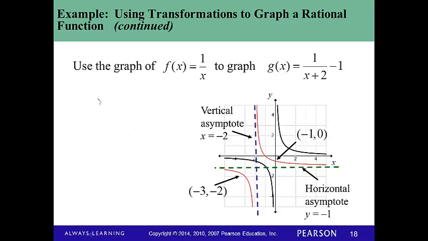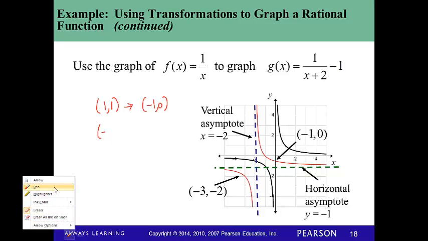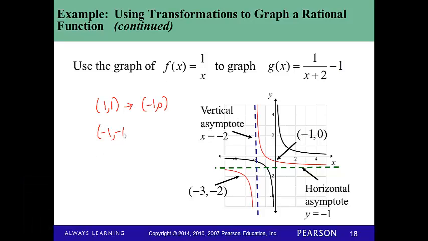So the original points were 1, 1, and we said they would become negative 1, 0, and the other point was negative 1, negative 1, and it became negative 3, negative 2. And of course you can plot them.